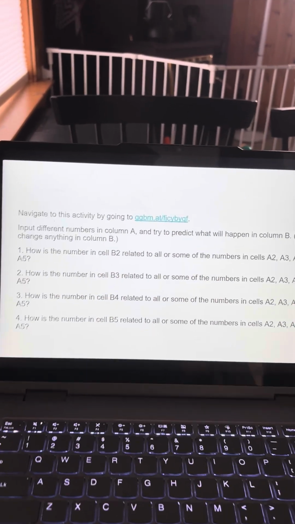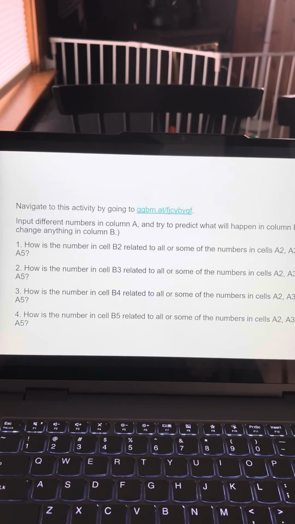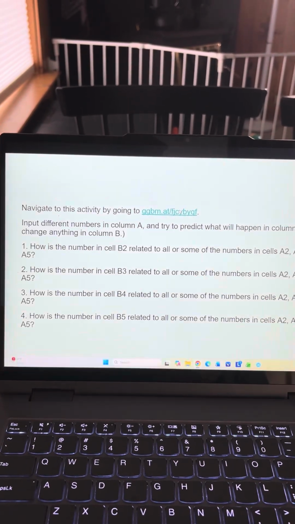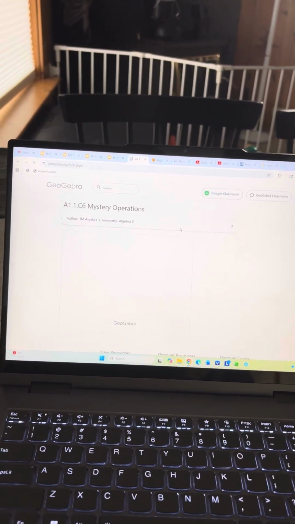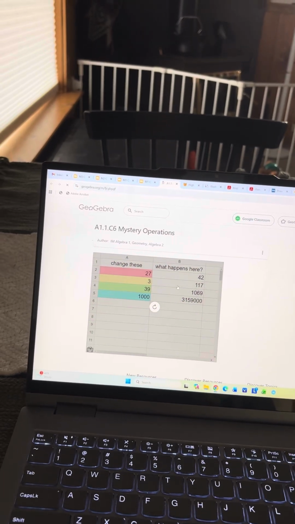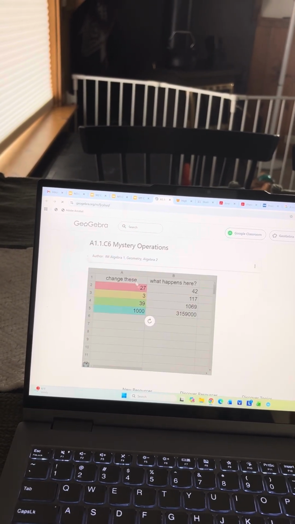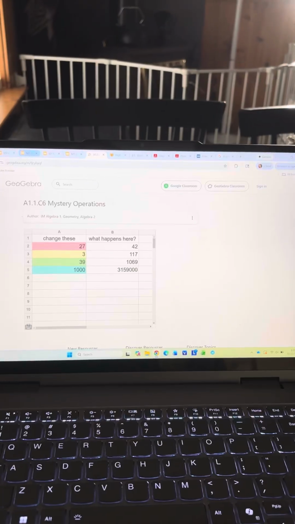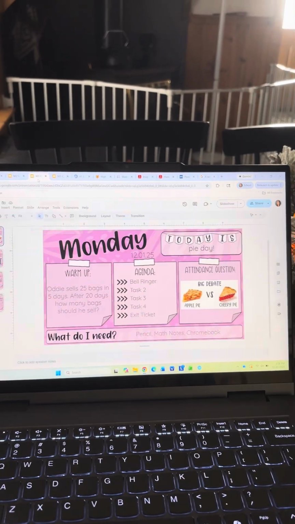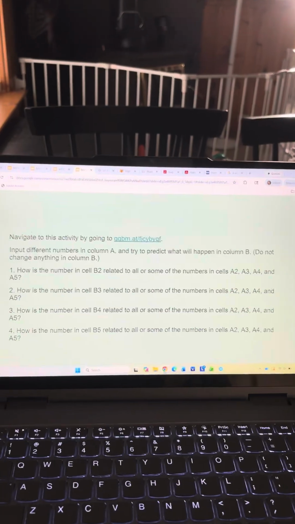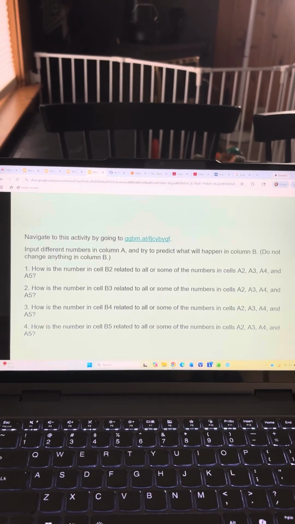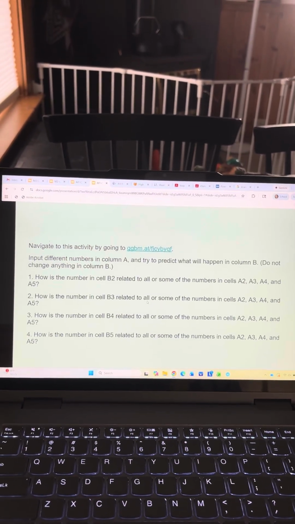So this one, again, you can skip because you weren't there to get the 4 numbers. You're going to go to this link, and when you click on it, it takes you to this website, and it has like a spreadsheet right here, and this is what you will use to do the activity. You'll use this link, and you'll use the questions in your packet, which should be the same as the questions on here, to play around and figure that out.